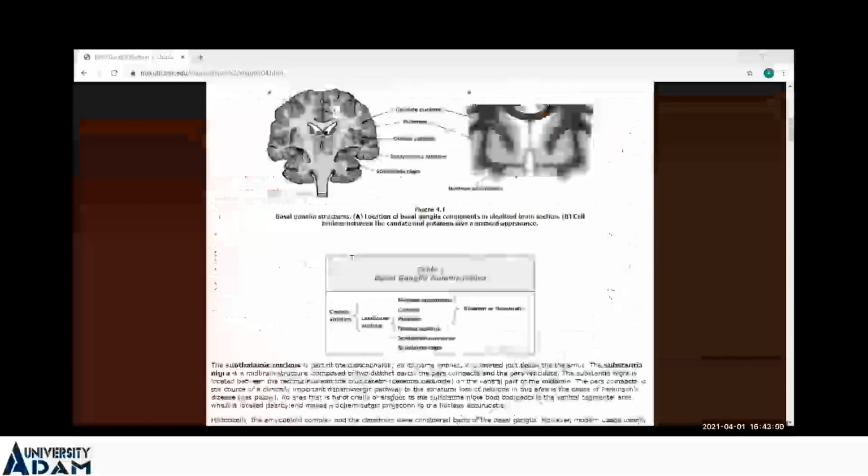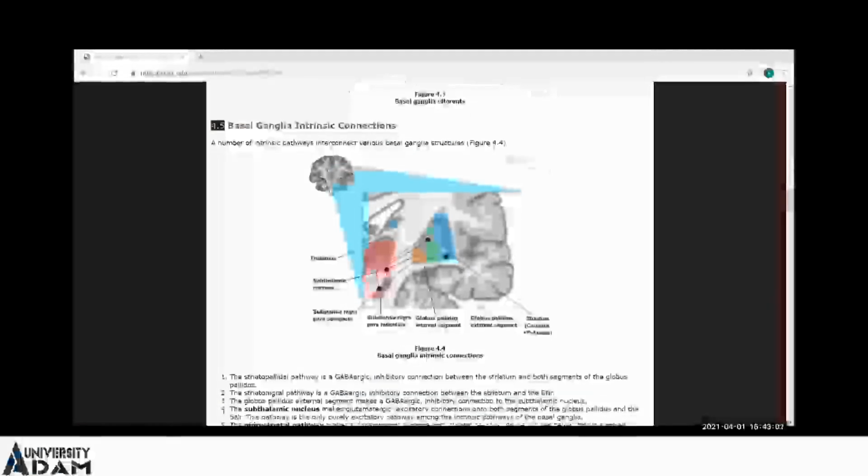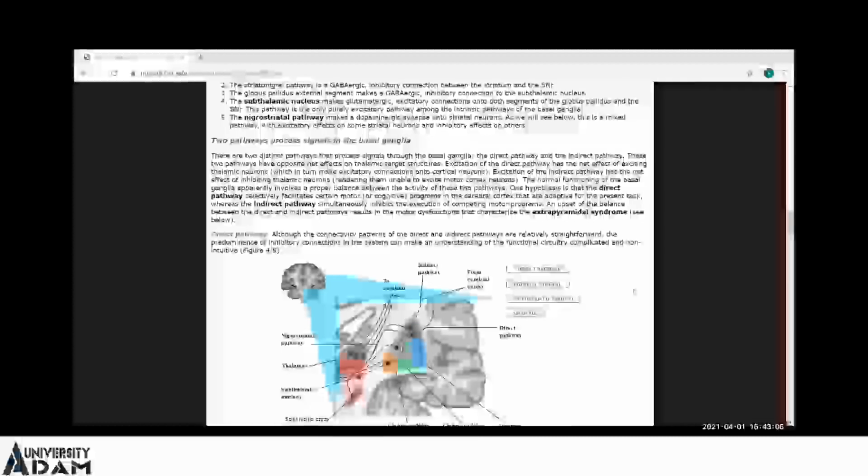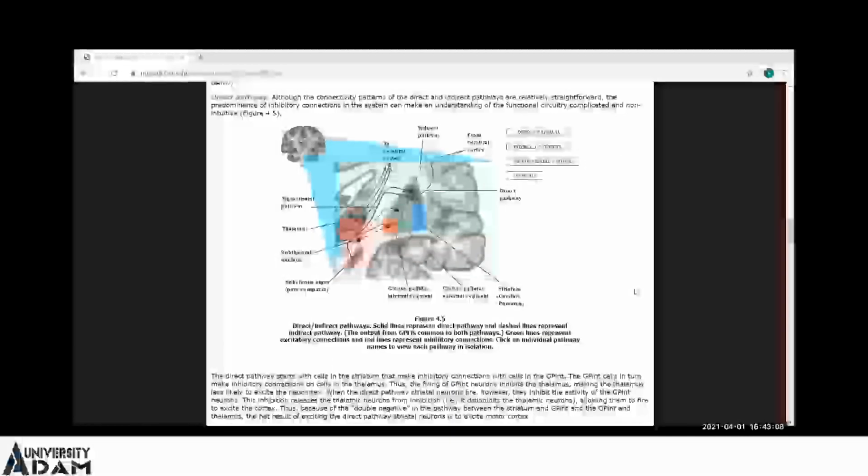One minute, okay, guys. Basal ganglia motor. Can you see the pictures, guys? Yes, ma'am. So actually, yes, they should work, okay?